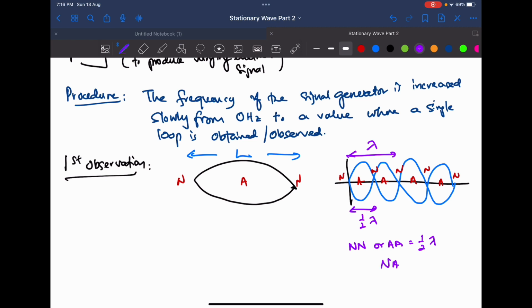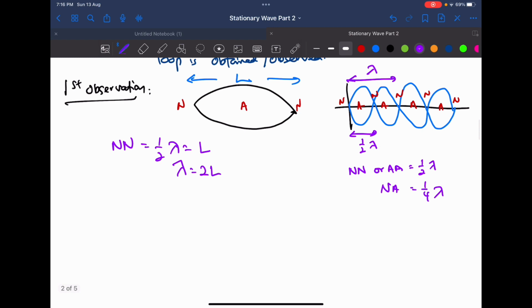Node to antinode will be quarter lambda. Always label these up. So in this case is node to node, node to node, this will be half a lambda, and the length is L, so lambda is 2L, right?